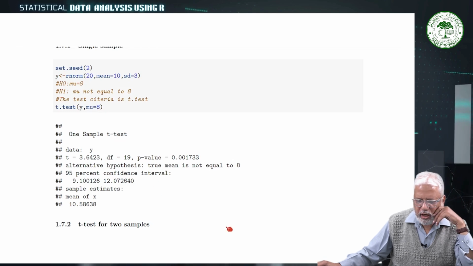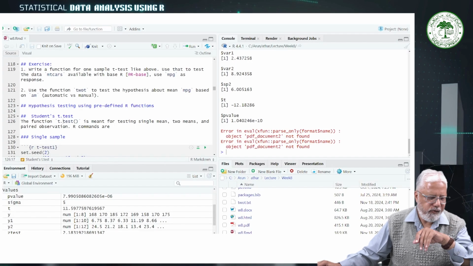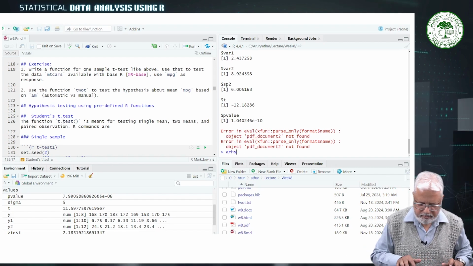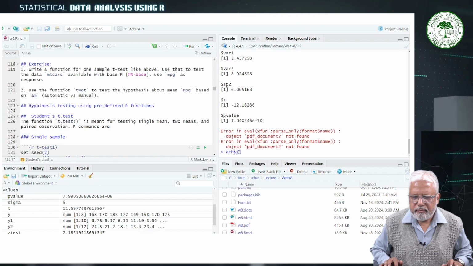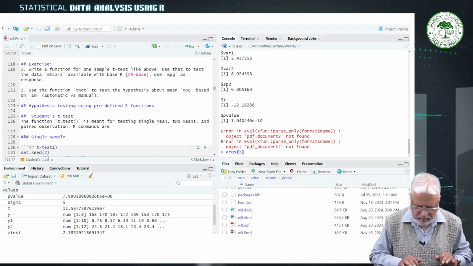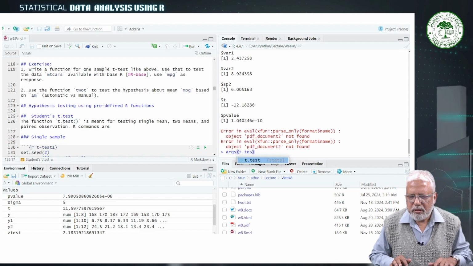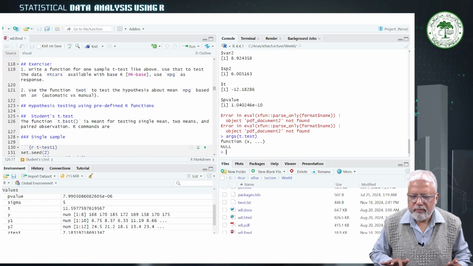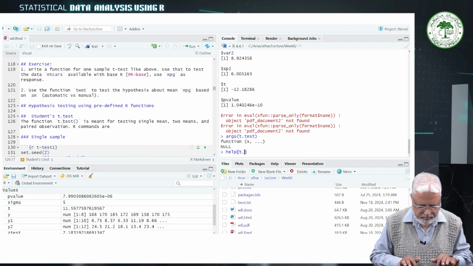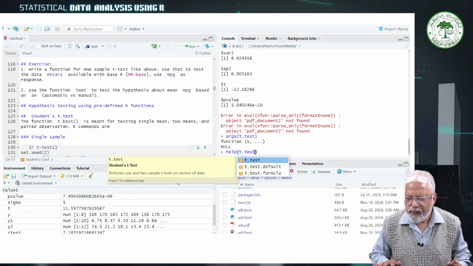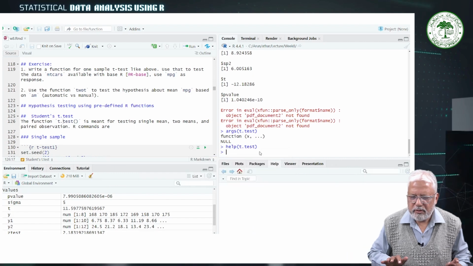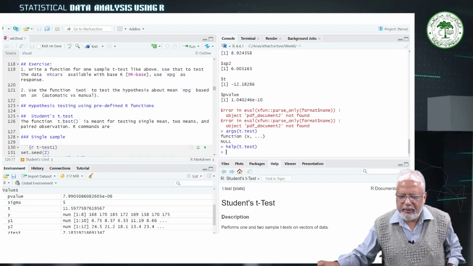See, if we look into the arguments of t.test, go to help, t.test. See, t.test is in the stats package.